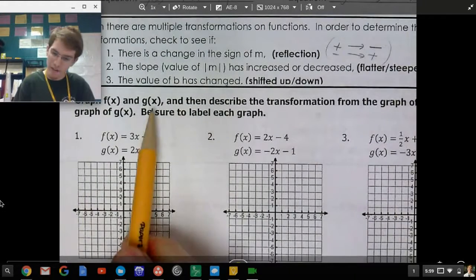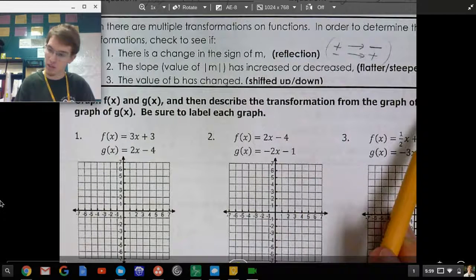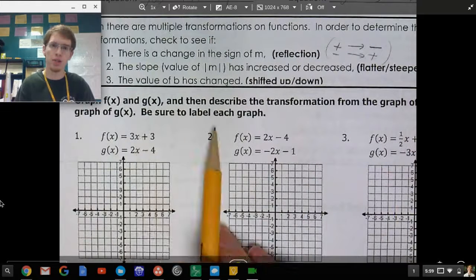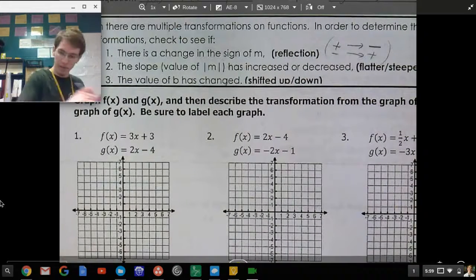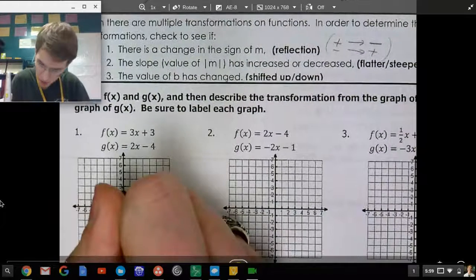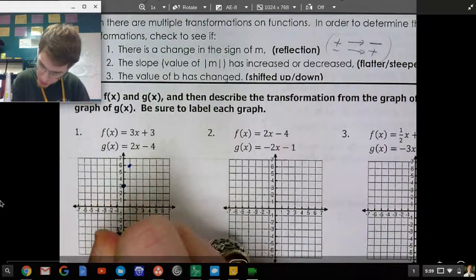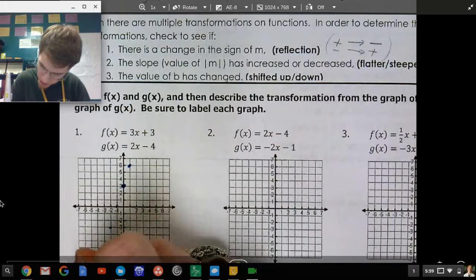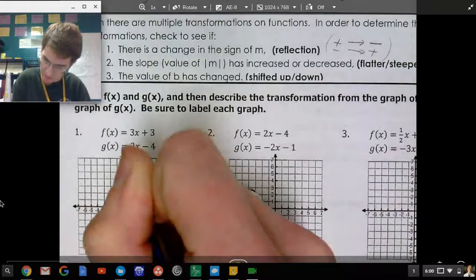Graph f of x and g of x, then describe the transformation from the graph of f of x to the graph of g of x. Be sure to label each graph. So if I graph f of x, and I'm not going to talk you through this because we've had so much practice, we ought to be able to graph this on our own and get exactly the right thing here.